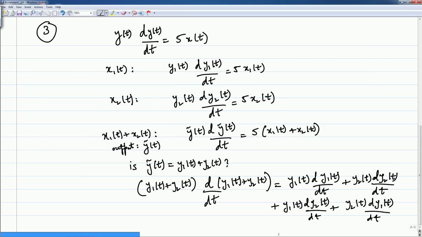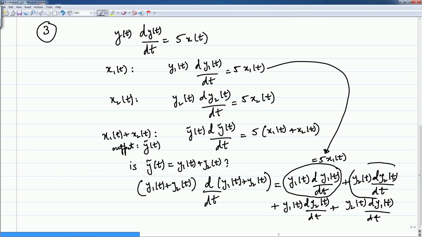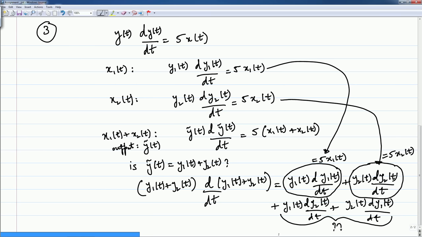One can take this part of the expression, now use this equation. I know this is equal to 5 times x1 of t. Similarly, you can take this term right here and use this equation. I know that is equal to 5 times x2 of t. On the other hand, these two terms cannot be simplified any further. So, those two terms still show up.